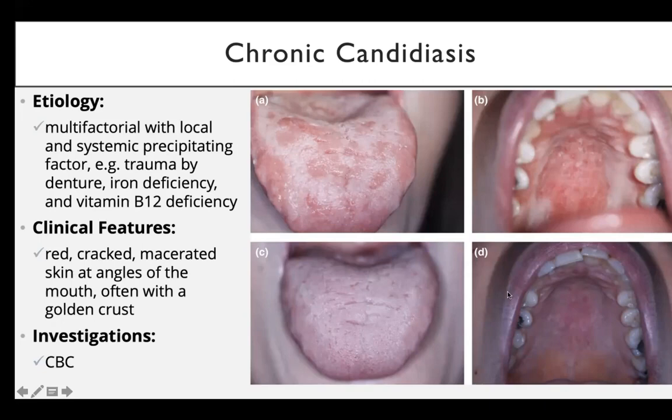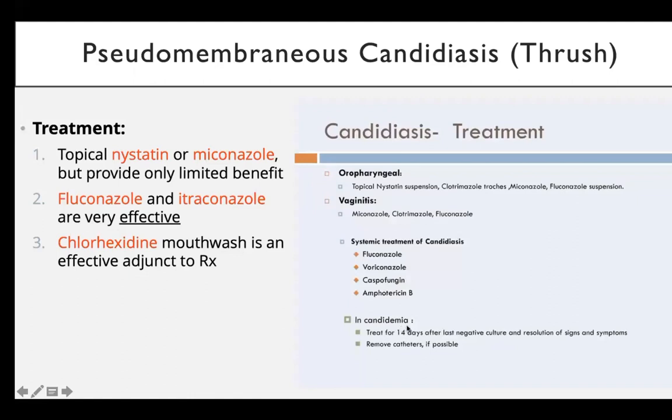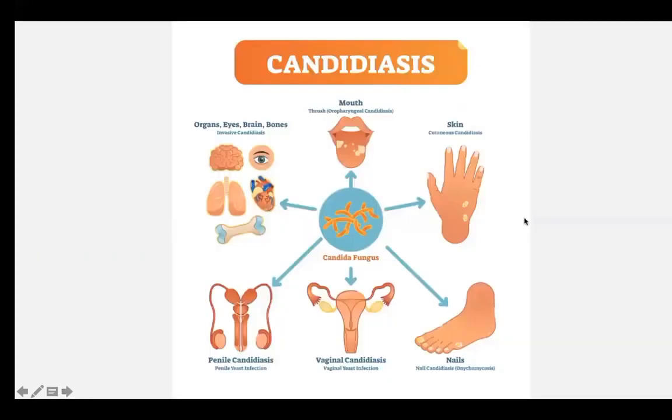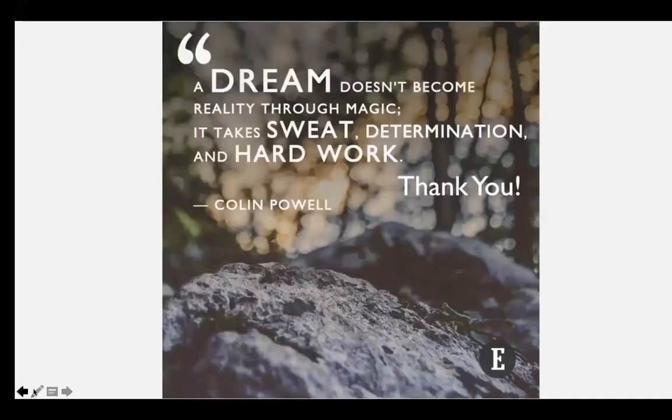In investigation, you have to perform a CBC because this is chronic, and we are afraid of what? Candidemia. If there is presence of candida in blood, treat for 14 days. So this is candidiasis affecting different parts of our body: nails, vagina, mouth, skin, organs. And that's the end of this slide.